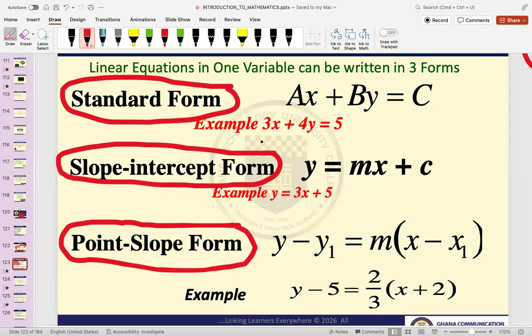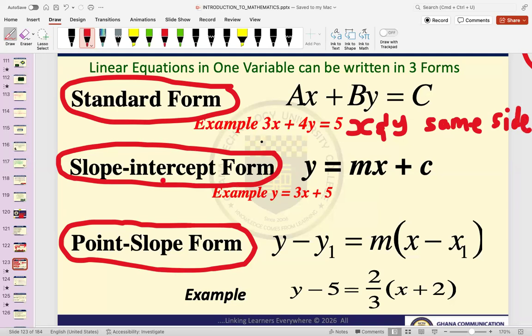What are the differences? For the first one, both x and y are on the same side of the equation.